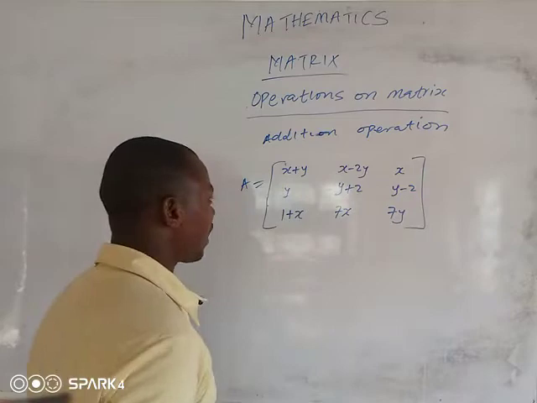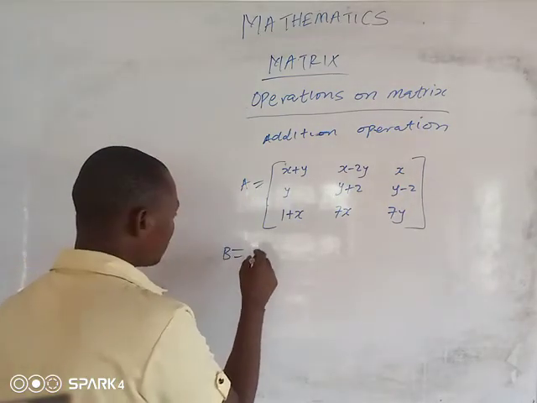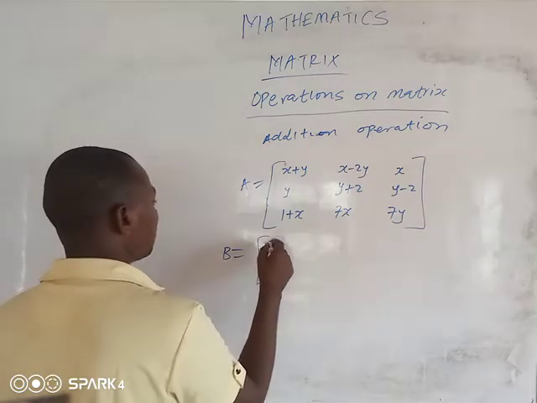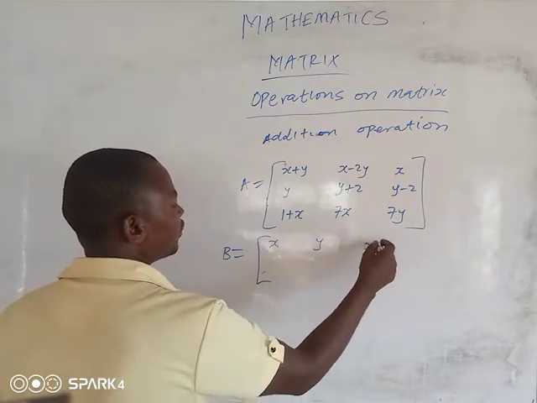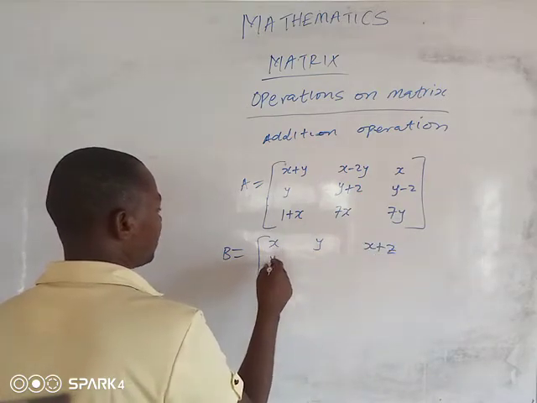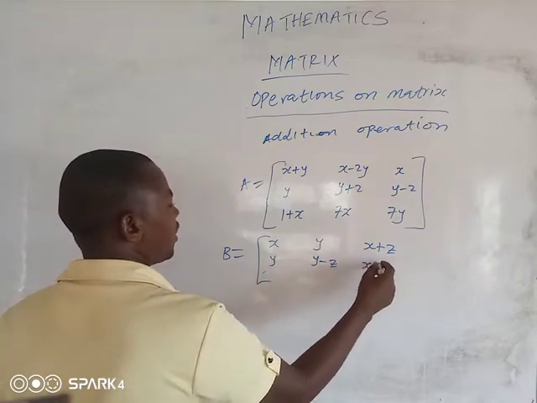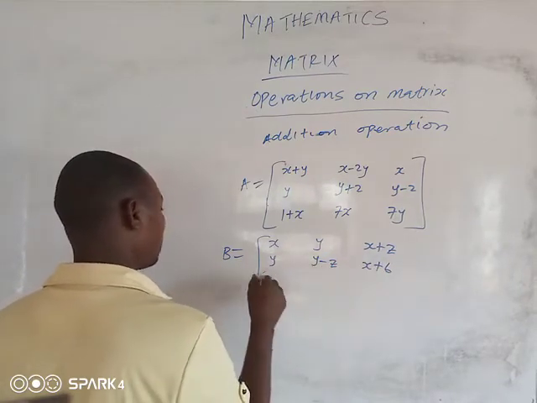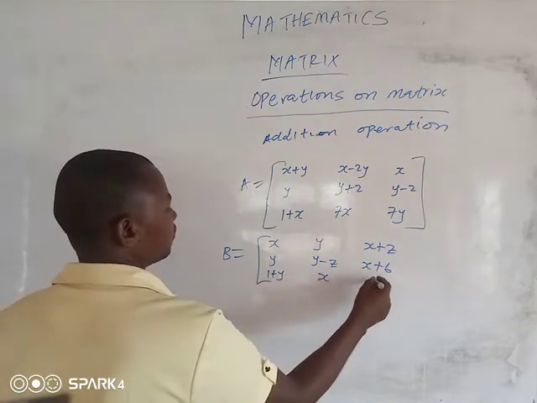So let's assume we have this, and we have a matrix B to be S, Y, S plus Z, Y, Y minus Z, S plus 6, 1 plus Y, S, Y.